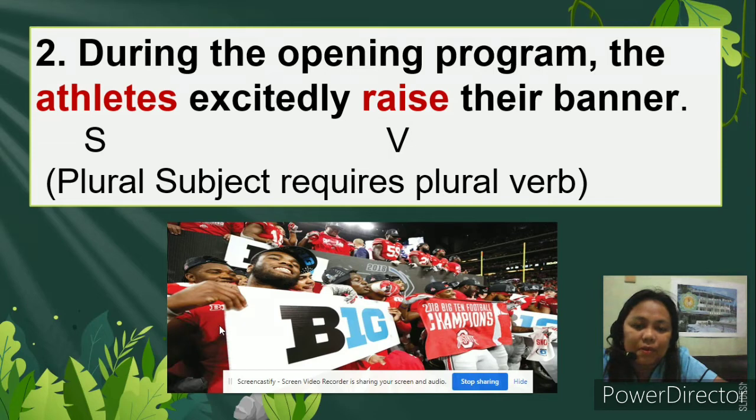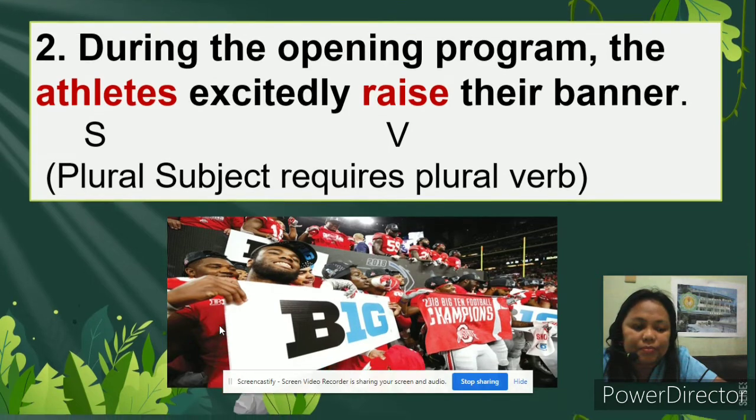There is no S. It's a verb without S. So plural subject takes plural verb. Plural subject requires plural verb. Okay, it should be more than one. The verb has no S. So they must agree in number.